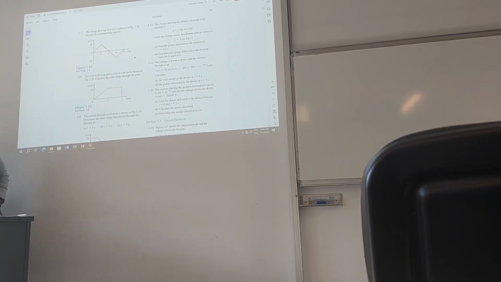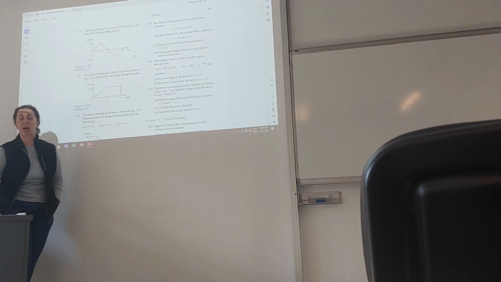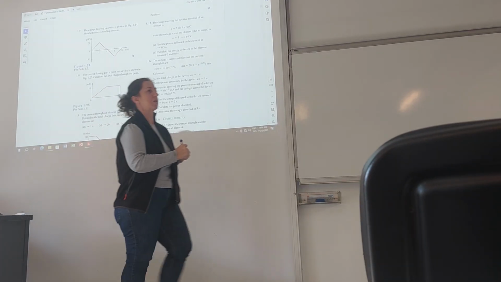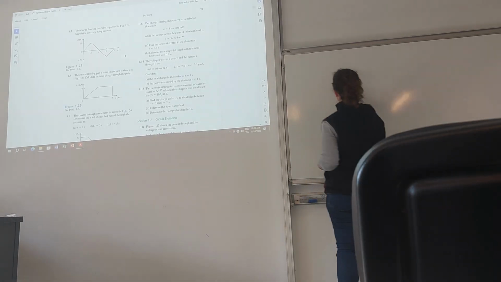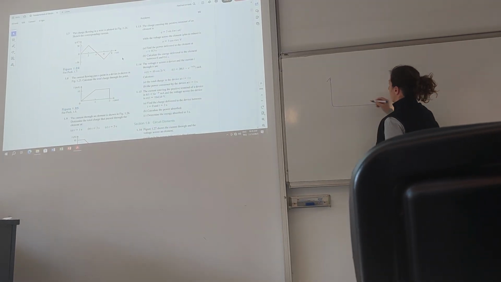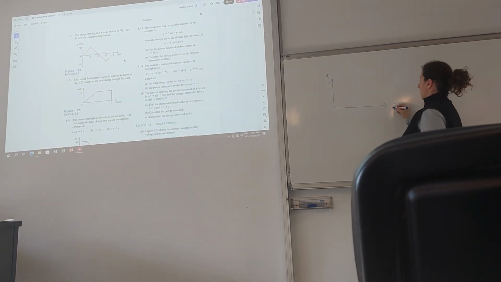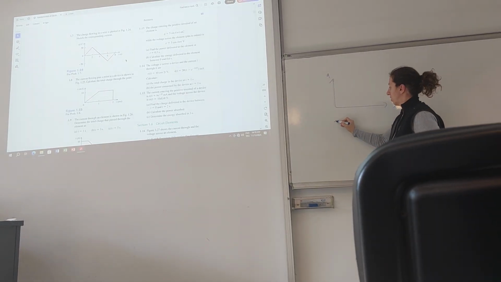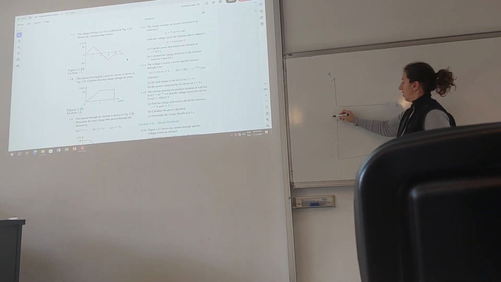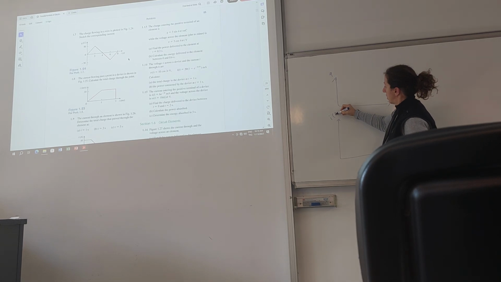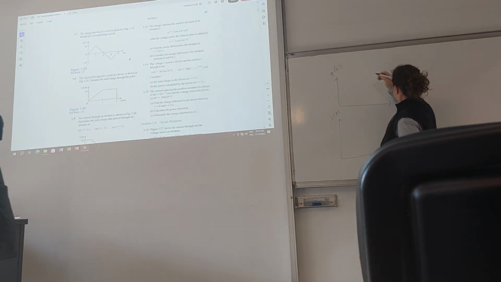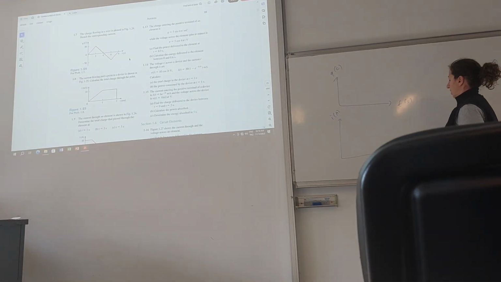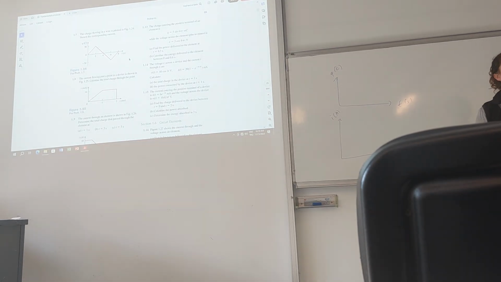If I ask you to sketch the current versus time graph, what are you supposed to do? I give you Q versus t, but I'm asking you for this.